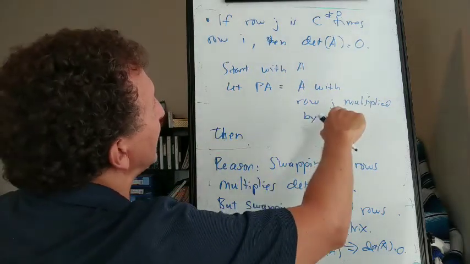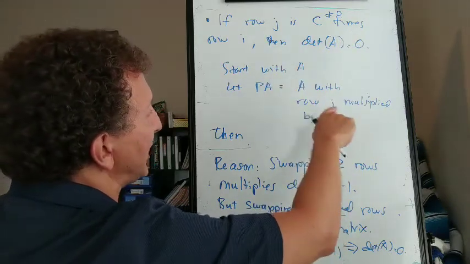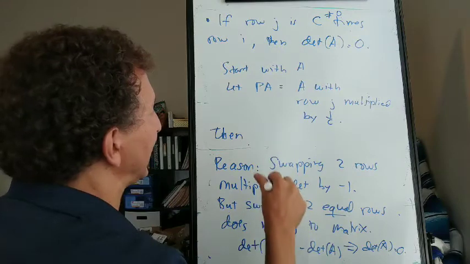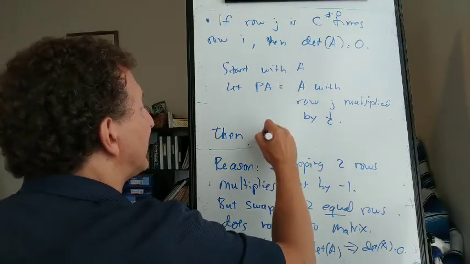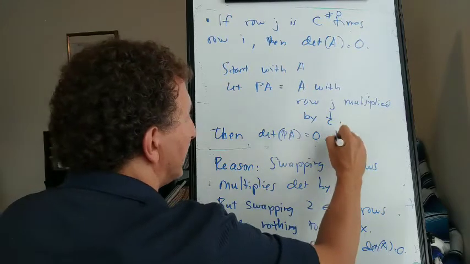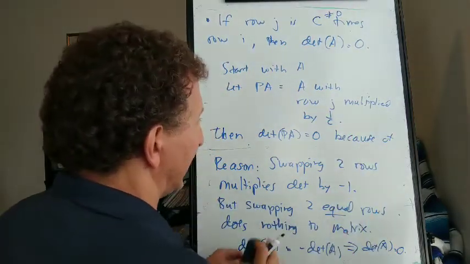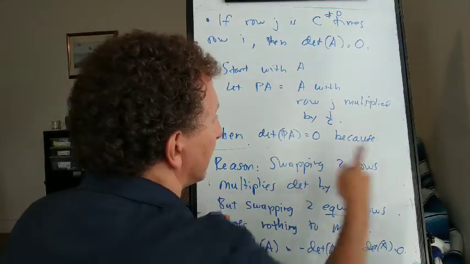So if row j was c times row I, then when we divide row j by c, we've got two rows that are equal. So the determinant of PA equals 0, because it has two equal rows.